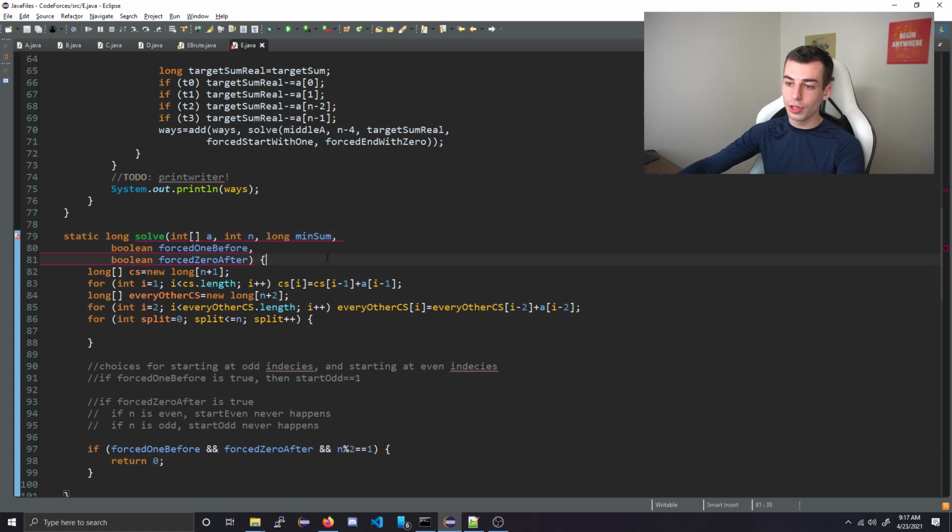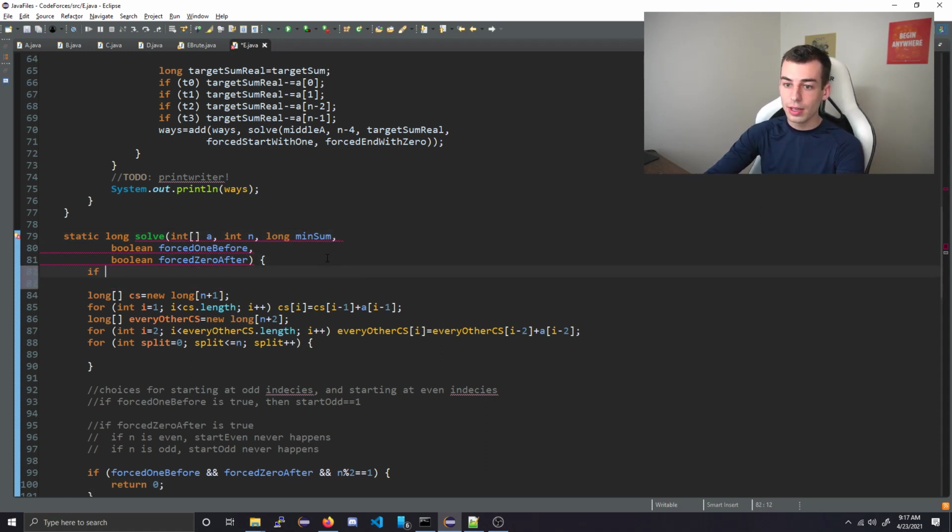Okay, well, first of all, hang on. So if n is equal to 0, and return 1. It's just one way of doing it. Oh, now I have to do min-sum logic. Okay.